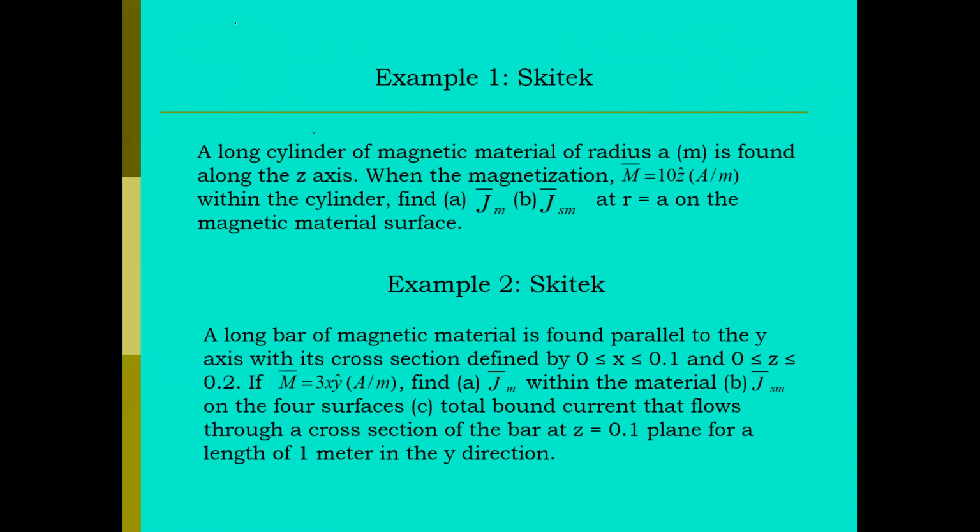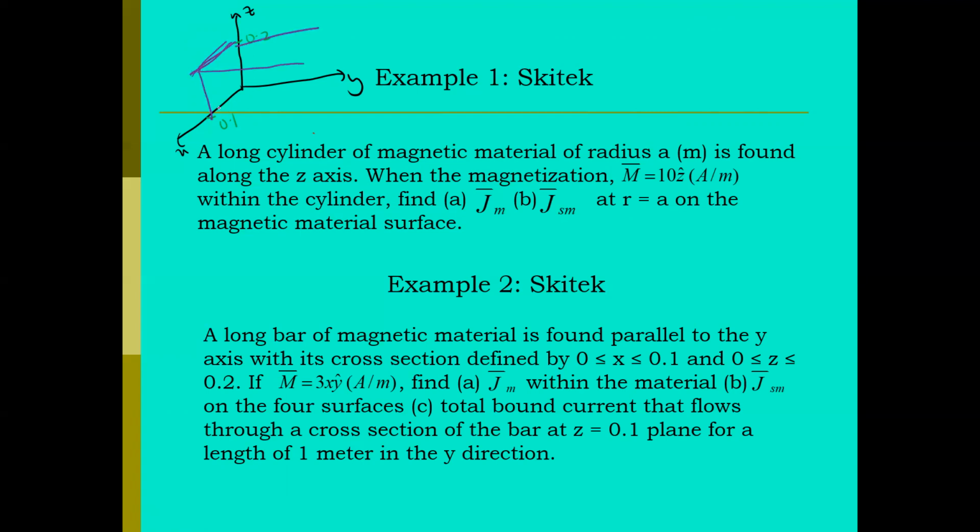Okay, so this is your z, this should be the x, and that should be your y. Given that your structure is parallel to the y-axis, in which the x and z are given to be in the given range, let us sketch the structure carefully. x is from 0 to 0.1, and z is from 0 to 0.2.